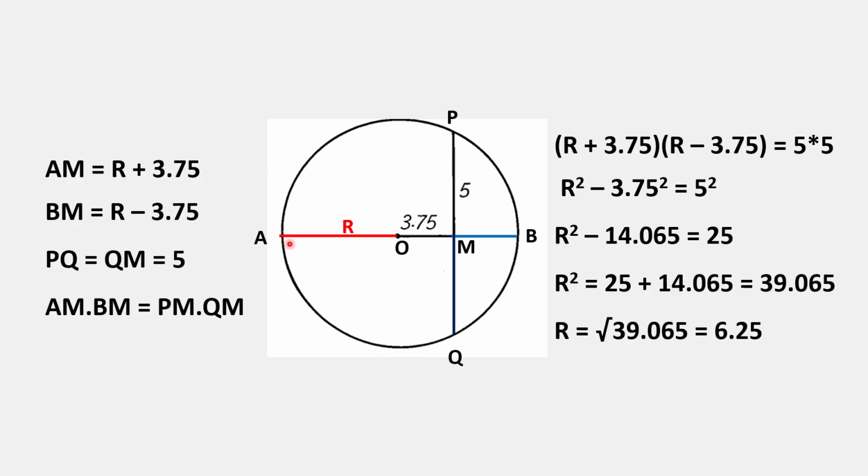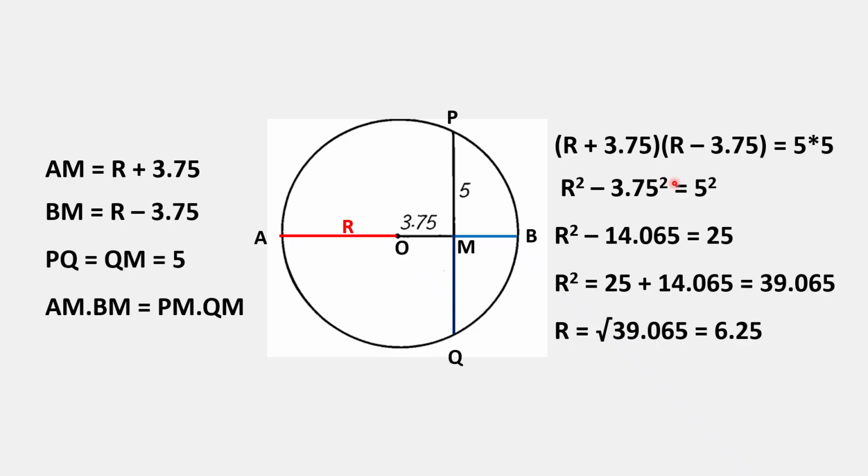So what we did: by the product of intersecting chords, the two horizontal segments R plus 3.75 and R minus 3.75, that is AM and BM, the product should be equal to the two vertical segments PM into QM, 5 into 5.